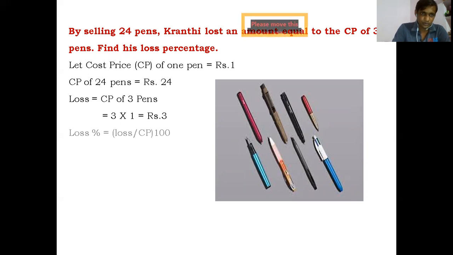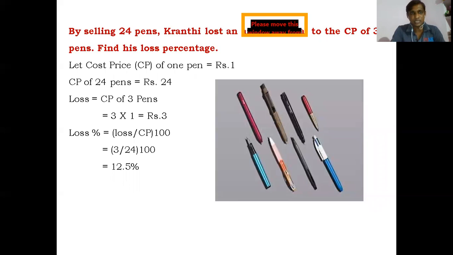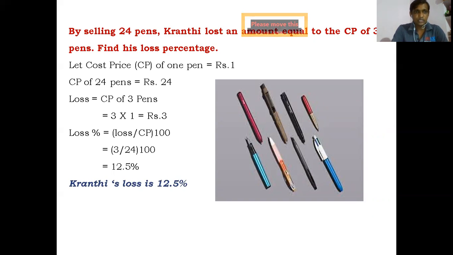The loss percentage is equal to loss by CP into 100, that is 3 rupees by 24 into 100, which after calculation is 12.5 percent. So Kranti is incurring a loss of 12.5 percent if he is selling 24 pens.